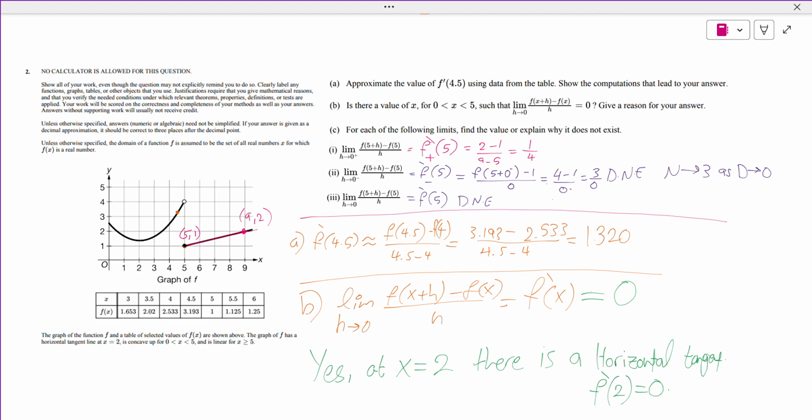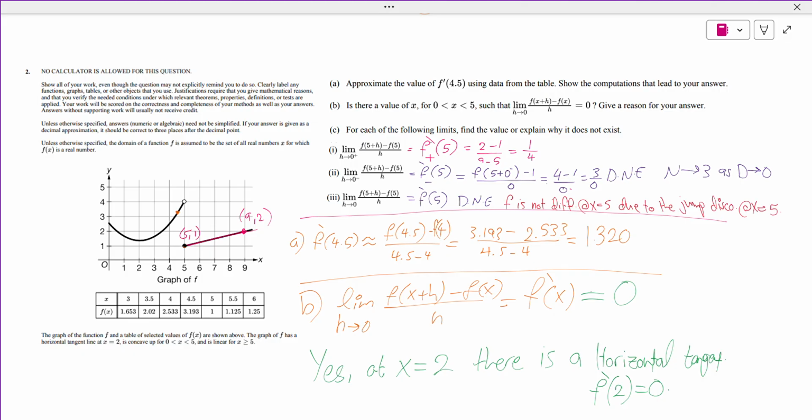We can say that f is not differentiable at x equals 5 due to the jump discontinuity at x equals 5.